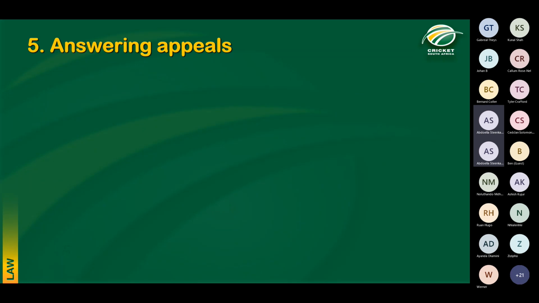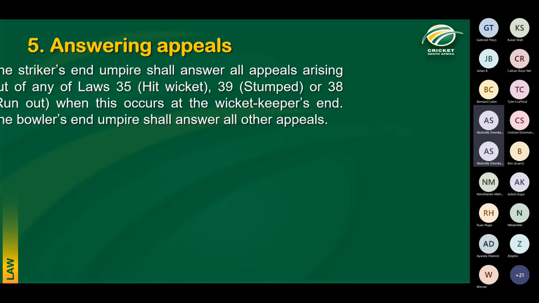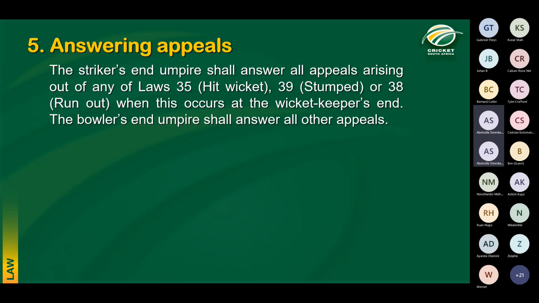When it comes to answering appeals, which umpire answers which appeals? There are nine modes of dismissal. The law guides us here. The law tells us that when it comes to the striker's end umpire, there are three appeals that the umpire needs to answer.